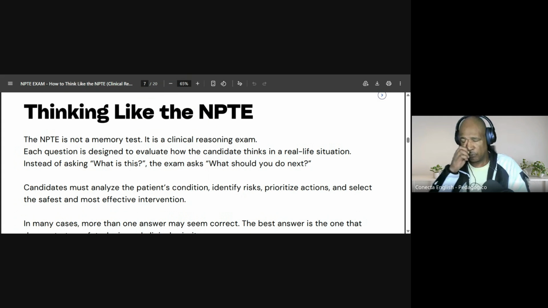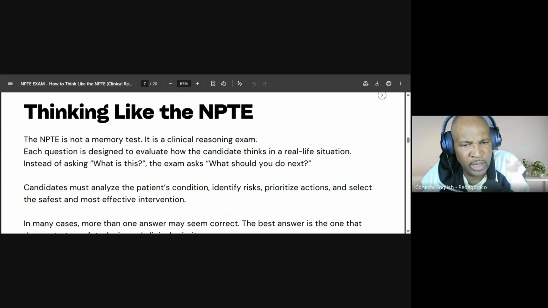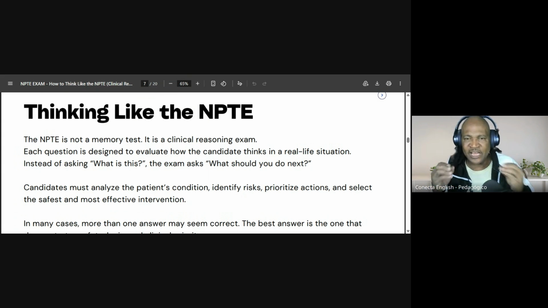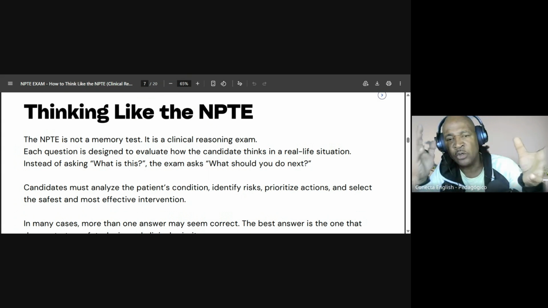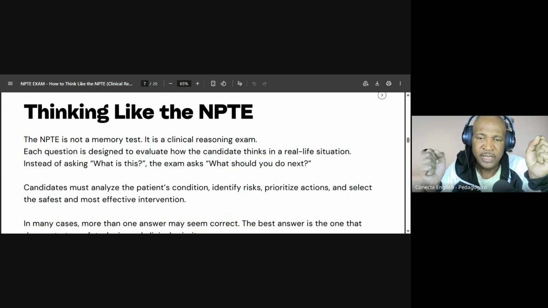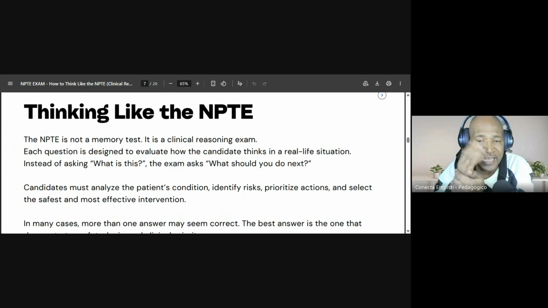Now, remember I said at the beginning, we're going to be looking at thinking like the NPTE. Now, the NPTE is not a memory test. It is a clinical reasoning exam. Each question is designed to evaluate how the candidate thinks in real life, real time situations, right? So instead of asking, what is this? The exam asks, what should you do next?